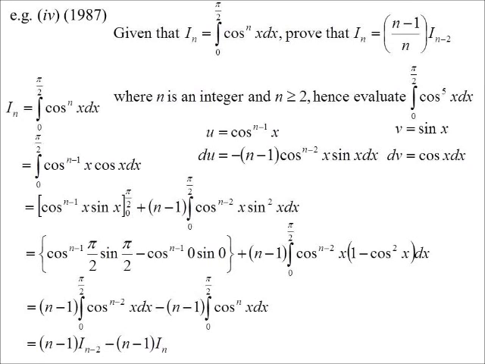And now I've got it, because the first integral is In minus 2, and the second one I can write as In. And so we can now create a formula. So I've got In equals (n minus 1) In minus 2 minus (n minus 1) In. We want to make In the subject. So n lots of In, divide by n, and we've got the formula that they wanted.